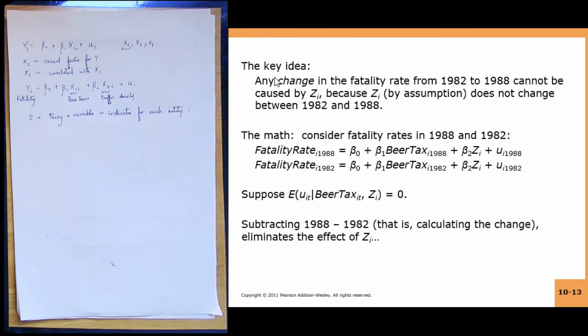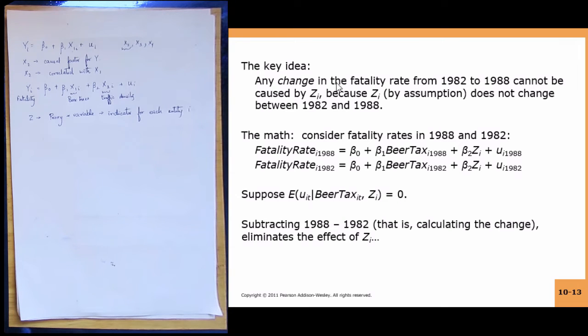So basically, when we have only 2 years, instead of modeling the absolute values of traffic fatality rate and beer tax, we will model the change in traffic fatality rate from 1 year to the next and the change in beer tax from 1 year to the next. So this is what we are doing.